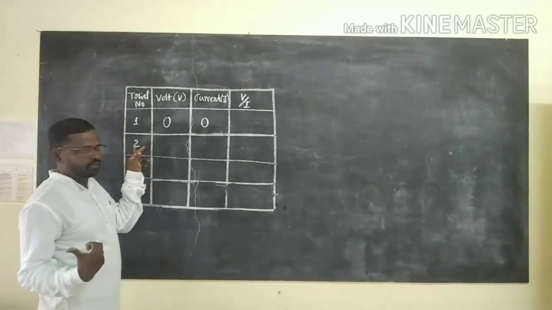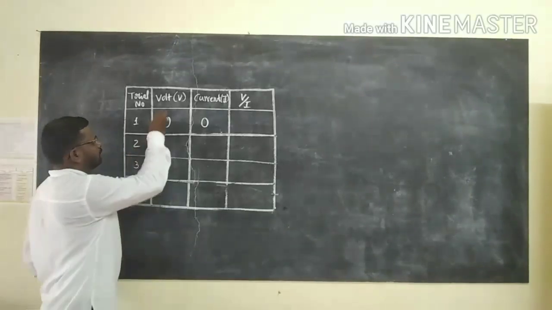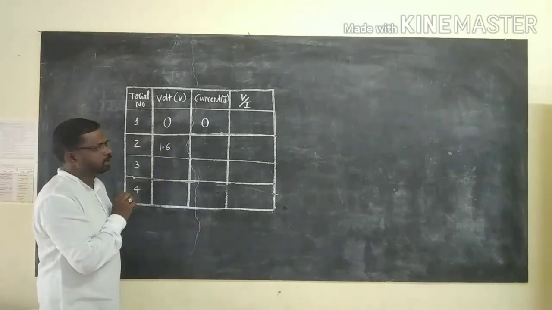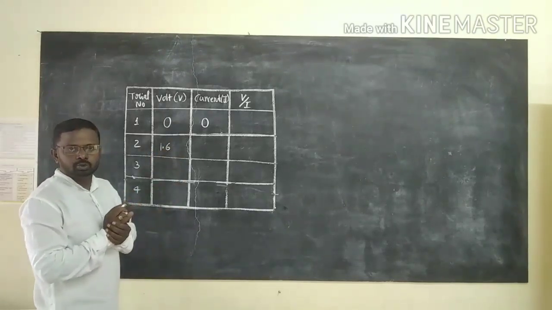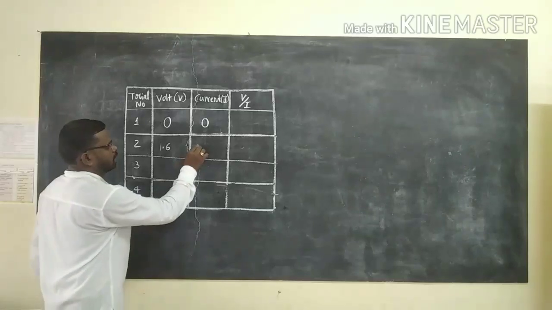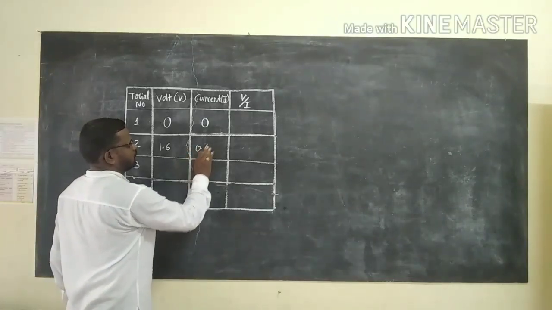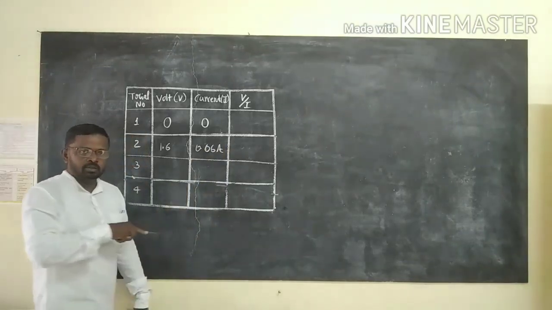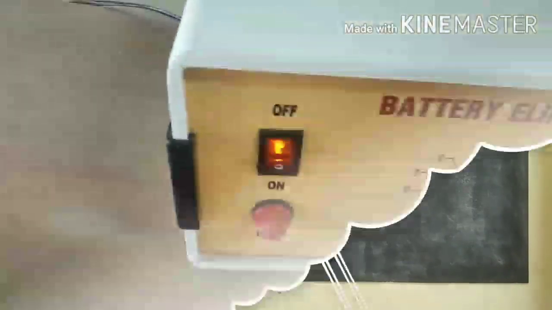In the second trial, if you supply 2 volt, the voltmeter shows a deflection of 1.6 volt and the ammeter shows a value of 0.06 ampere. Let us go to another trial.